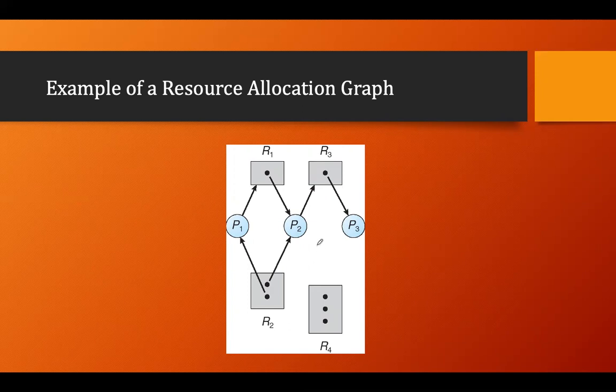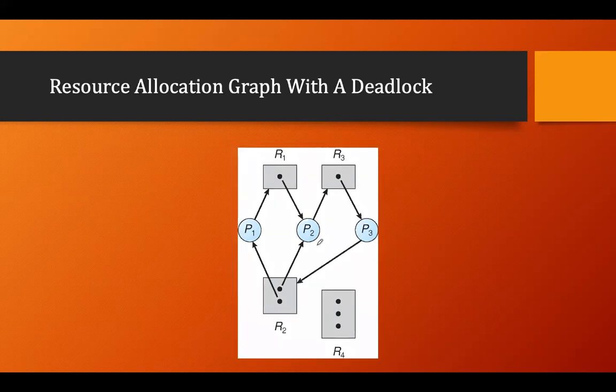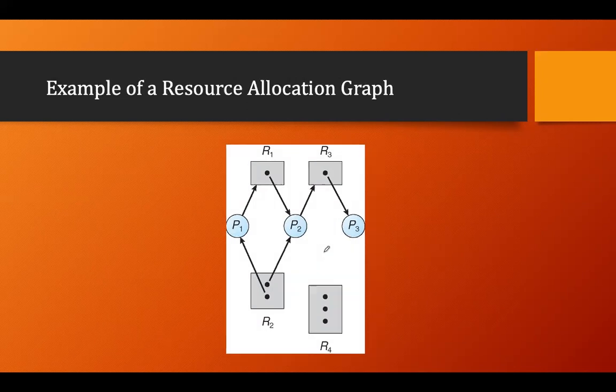So we'll see that in a later section. This is another resource allocation graph. Here we don't have any deadlock, though you might think a deadlock situation may occur. What is the deadlock situation here? See, P3 is holding the resource R3. R3 is requested by P2.